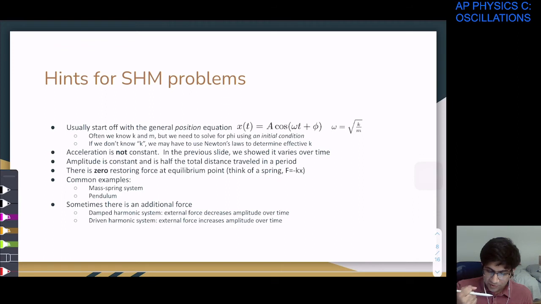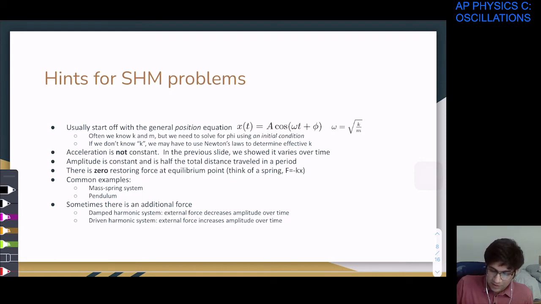Another type of problem is maybe we don't know what K is. K is our spring constant. Maybe in part A of a problem, it'll be like, solve for K, and then part B would be some simple harmonic motion question. So how do you solve for K? Well, we would have to use Newton's laws to determine our spring constant.